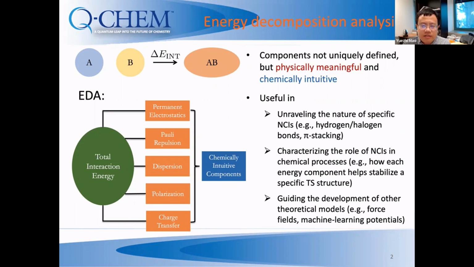You can also combine this method with chemical reaction study tools, so you can investigate the role of non-covalent interactions in chemical processes. The EDA method can also be used to guide the development of other theoretical models, such as molecular mechanical force fields and machine learning potentials.